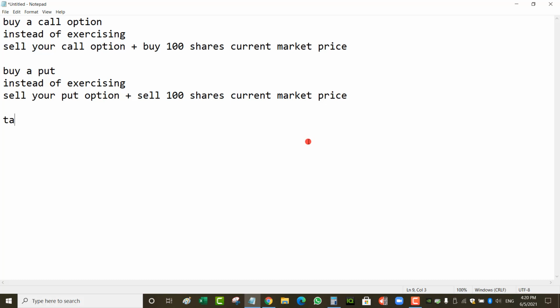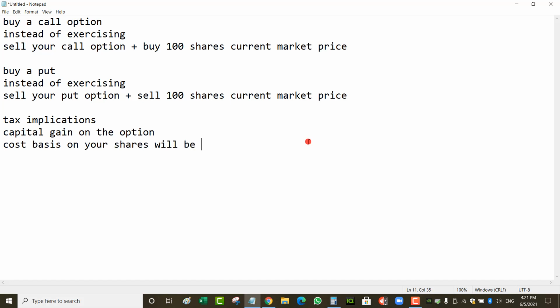Just keep in mind the tax implications. If you sell your option, you'll make a capital gain on the option, but your cost basis on your shares will be higher. And in the case of a put option, you're actually selling your shares for even less, so you're getting more of a loss, which will compensate against future capital gains.